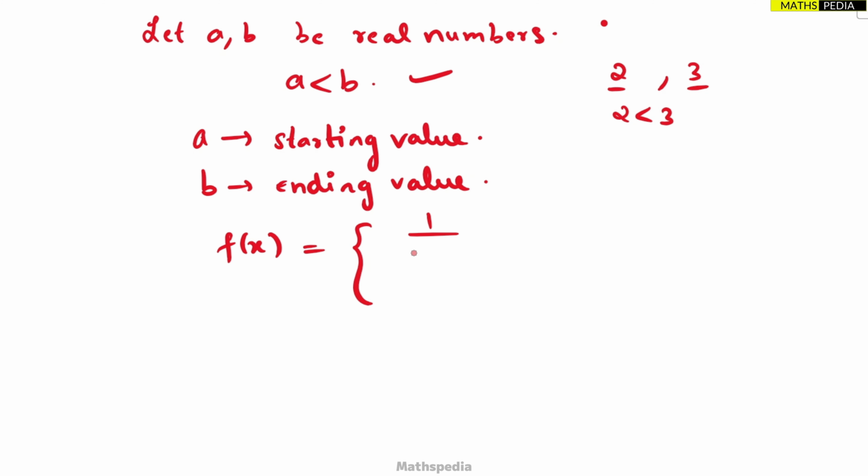One, the function is 1 by b minus a, where b is the bigger value and a is the smaller value, where x lies between a and b. x is a variable here. Otherwise, if it doesn't lie between a and b, the function is 0 elsewhere.